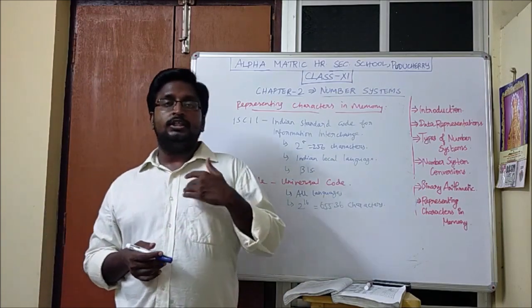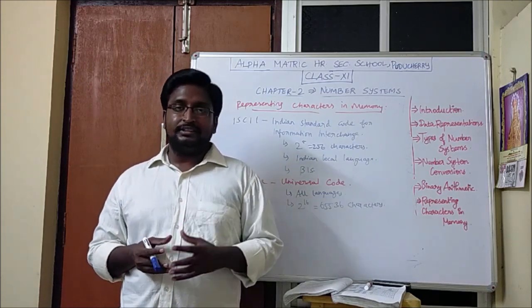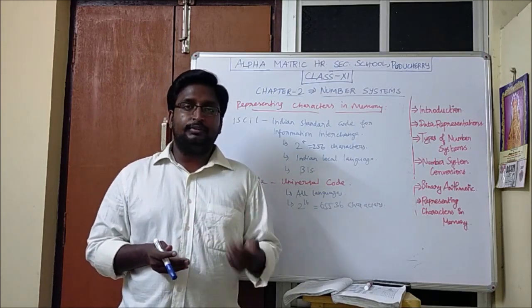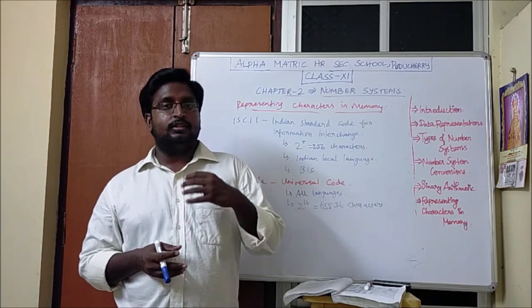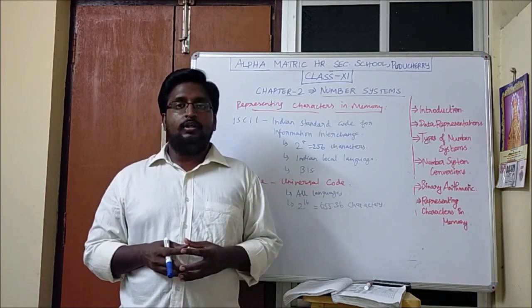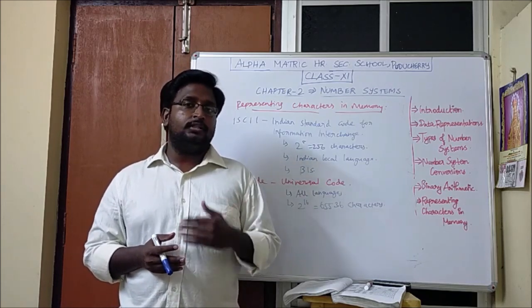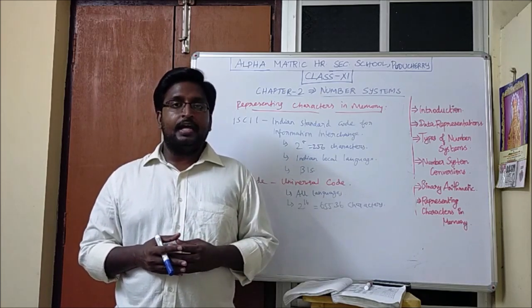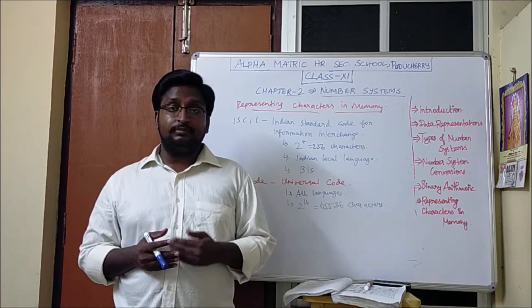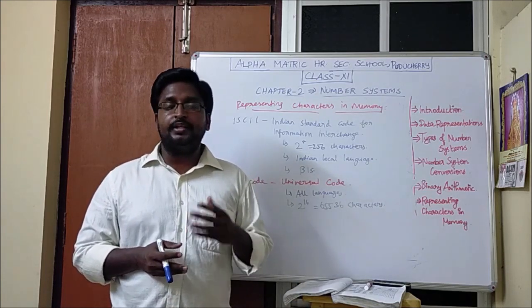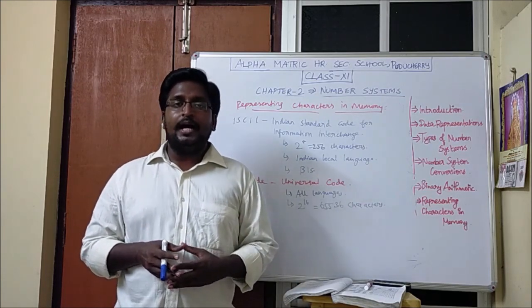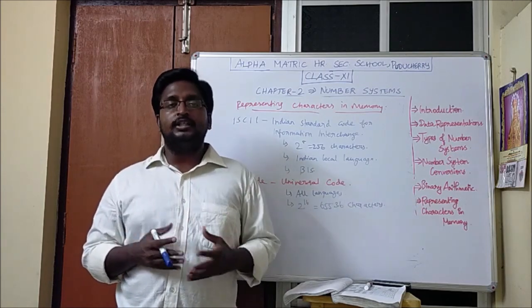So we have seen about data representation: what the data is, how the data is represented, and the various terms used for representing data, from kilobyte to megabyte, gigabyte, and till yottabyte. We saw the number systems available: binary, decimal, octal, and hexadecimal, and number system conversions.